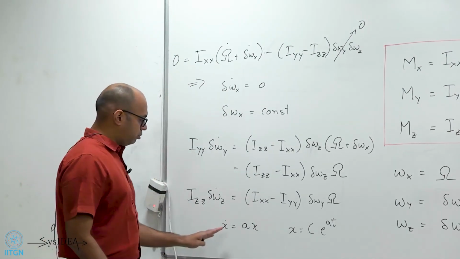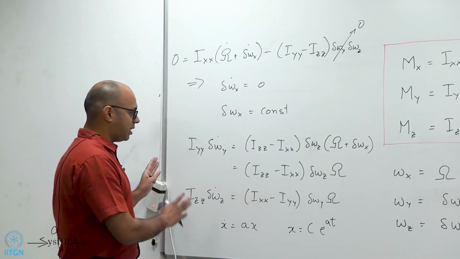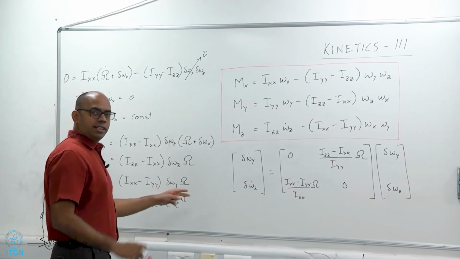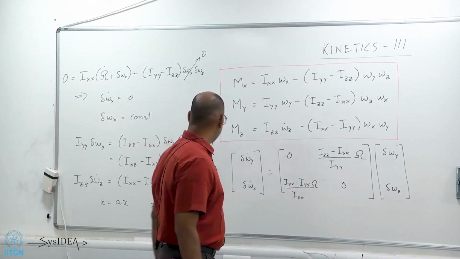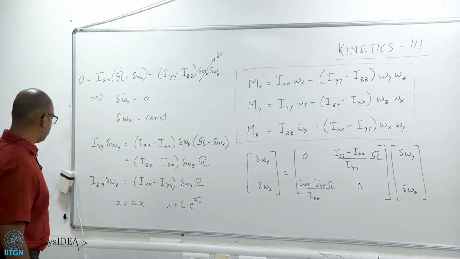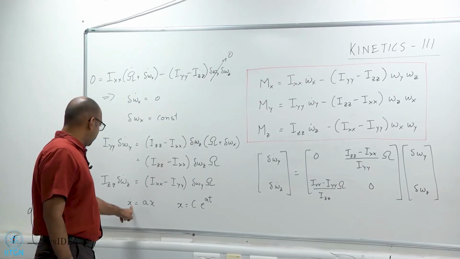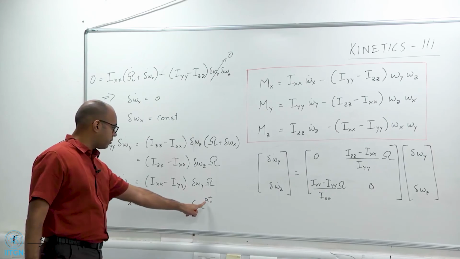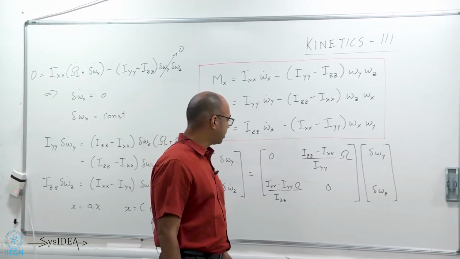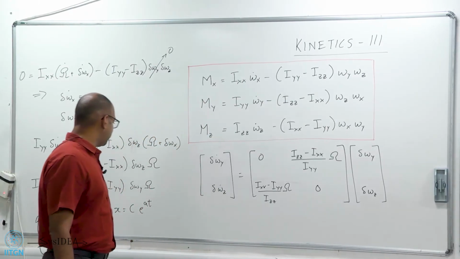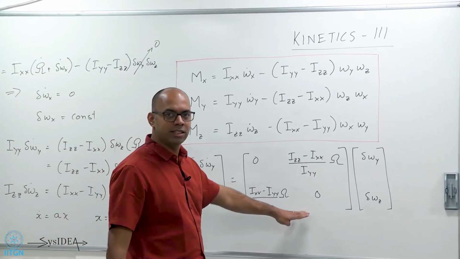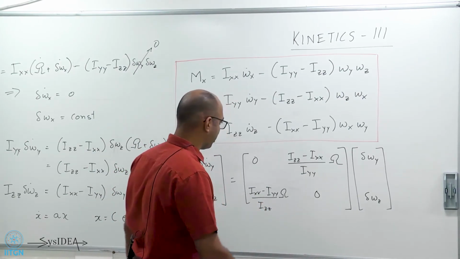So to apply this idea over here, first let's write this in matrix form. Once we write this in matrix form, we have to use this idea that here it was just the coefficient that was appearing in the exponent, but when you have a matrix equation like this, it so happens that the exponents are the eigenvalues of this matrix. So now we have to find the eigenvalues of this matrix.